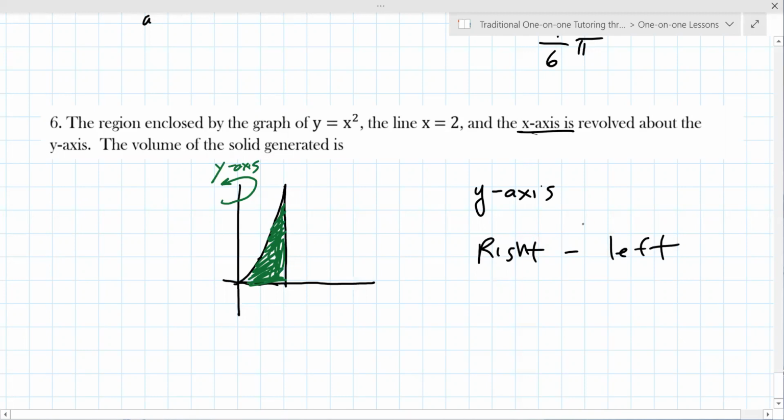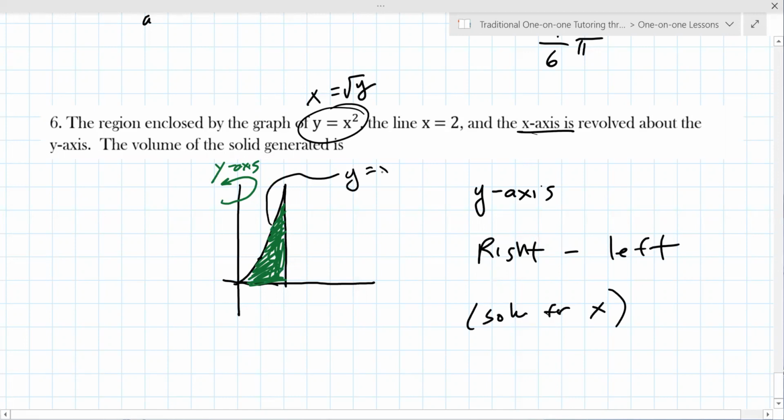And the other variation is that you need to solve for x. So up here, you have to solve this for x equals square root of y. Sometimes they already solve it for x, and then it's great. Sometimes they don't. So instead of thinking of this as y equals x squared, you want to think of it as x equals square root of y.